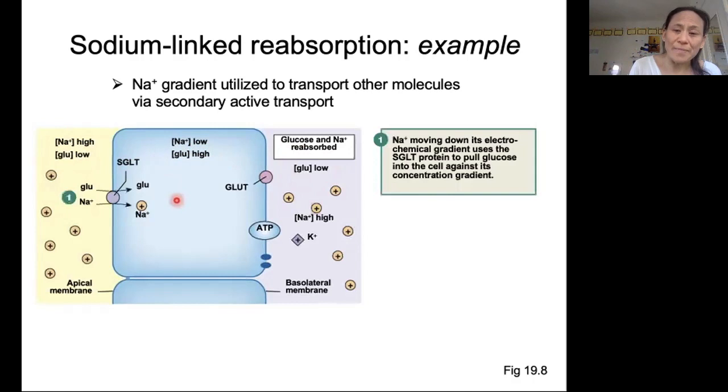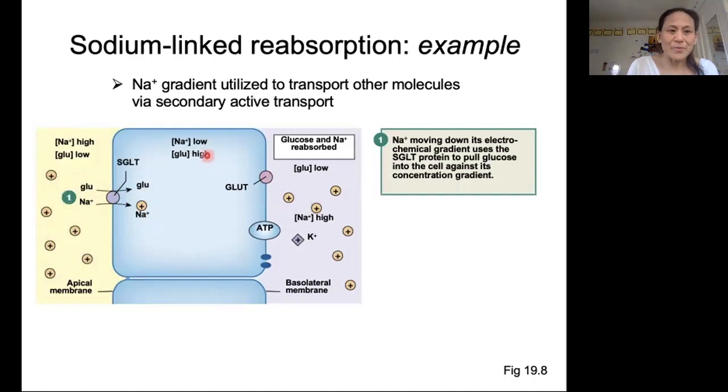So the power for that comes from sodium moving down its concentration gradient, right? So we have symport happening here. Sodium is moving down its concentration gradient. The energy that is released from that is used to transport glucose against its concentration gradient, okay?